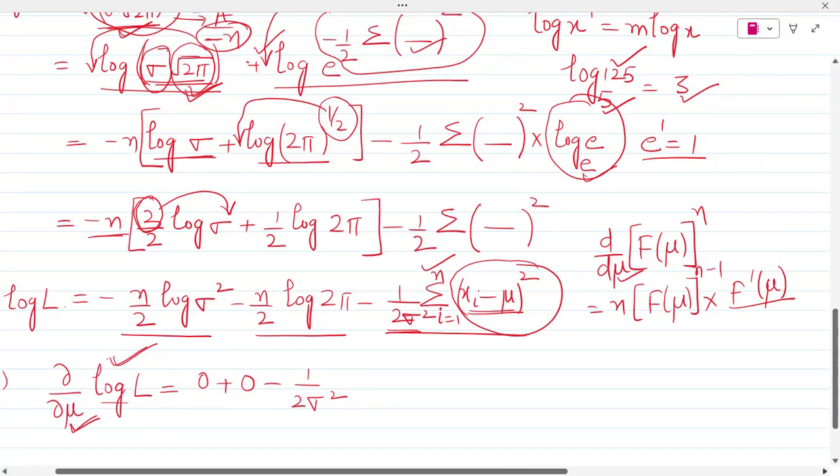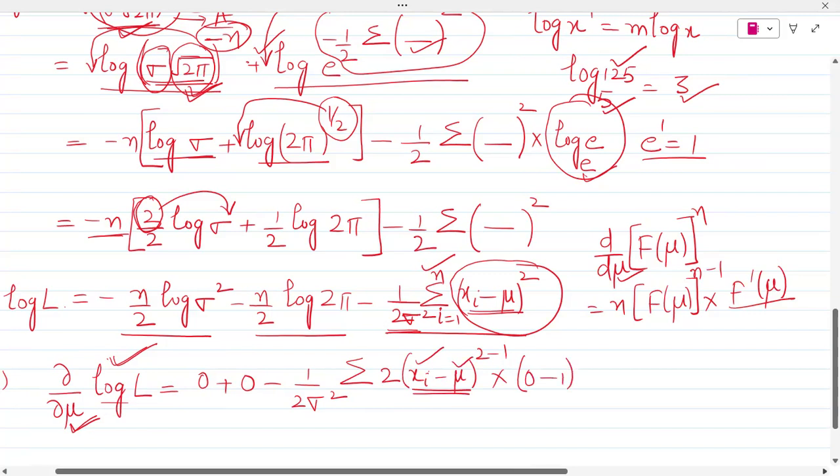So here it is n minus 1, summation xi minus mu to the power 2 minus 1, into its derivative. What is the derivative of xi with respect to mu? 0. And the derivative of mu is 1. So this is the derivative.